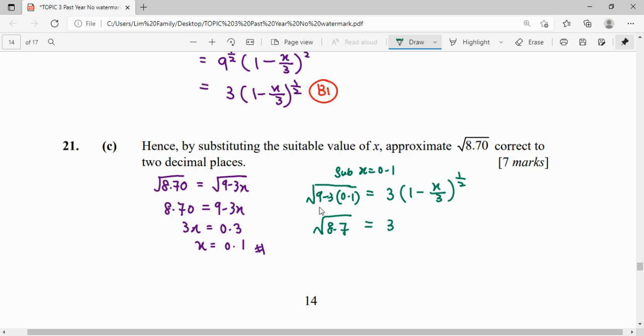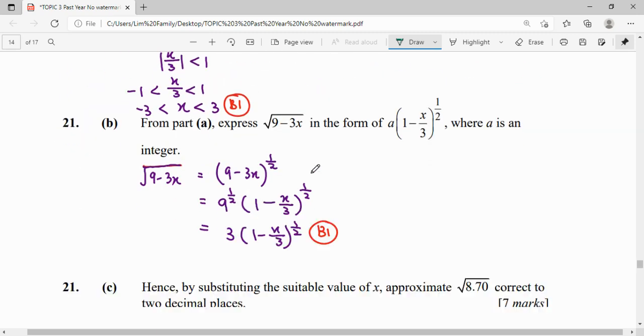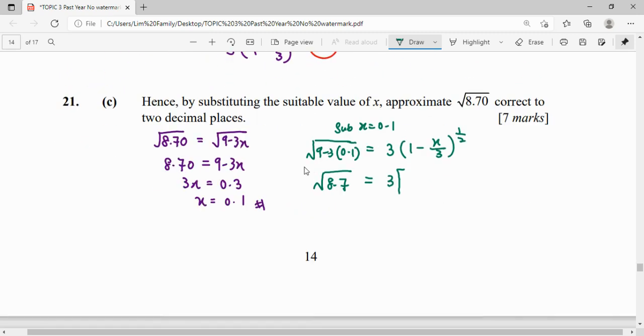So for the right hand side, what is our expansion? We can substitute our expansion here, where this expansion we already did in part A. So this expansion is equal to this value. It will be equal to 1 minus x over 6, minus x squared over 72, then minus x cubed over 432.